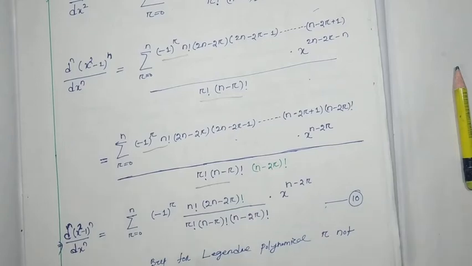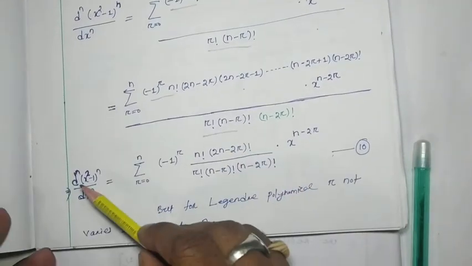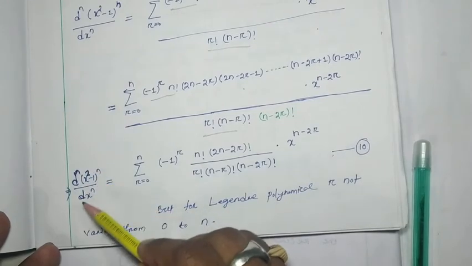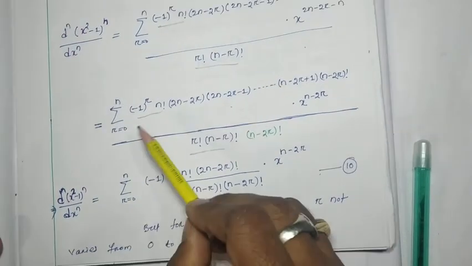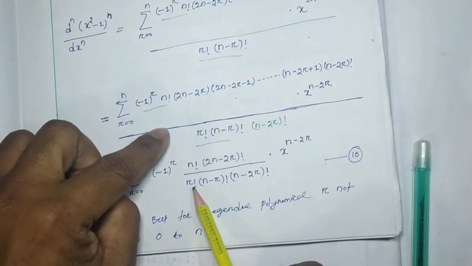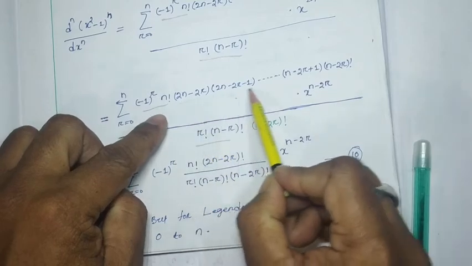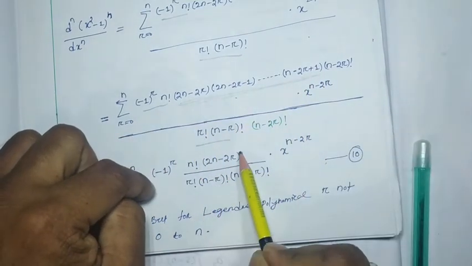Okay, you correct it. Then that implies d^n (x square minus 1)^n by dx^n is equal to the sum over r from 0 to n of minus 1 to the power r, n factorial divided by r factorial n minus r factorial, and we found that this much is nothing but 2n minus 2r factorial.